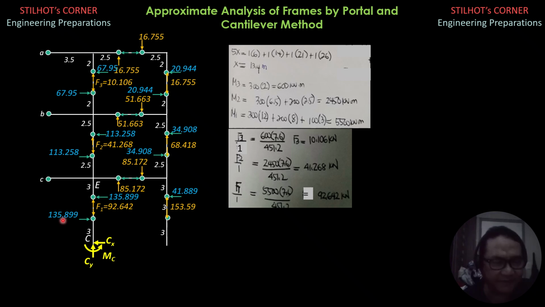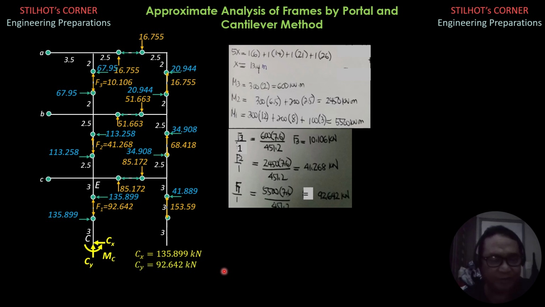Cx, summation of forces X, 135.899 kilonewtons leftward. Cy, summation of forces Y, so it's downward. We already computed that, 92.642 kilonewtons. Then summation moment C equals 0, 135.899 times 3, so counterclockwise. And these are the values. Cx, 135.899 kilonewtons.